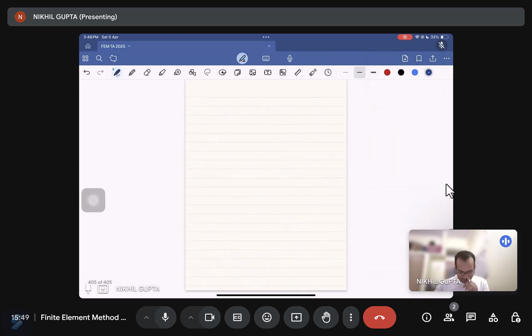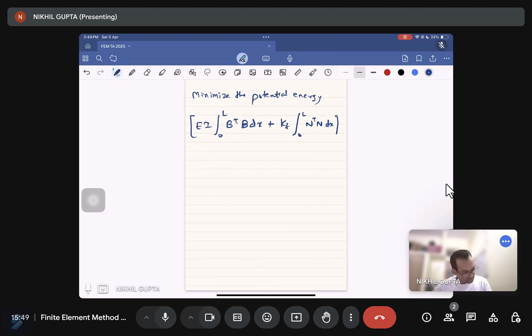Now we have to minimize the potential energy. So when you do it, you will get EI integral 0 to L B transpose B dx plus KF integral 0 to L N transpose N dx, with D outside, and it will be equal to integral 0 to L of W N transpose dx.